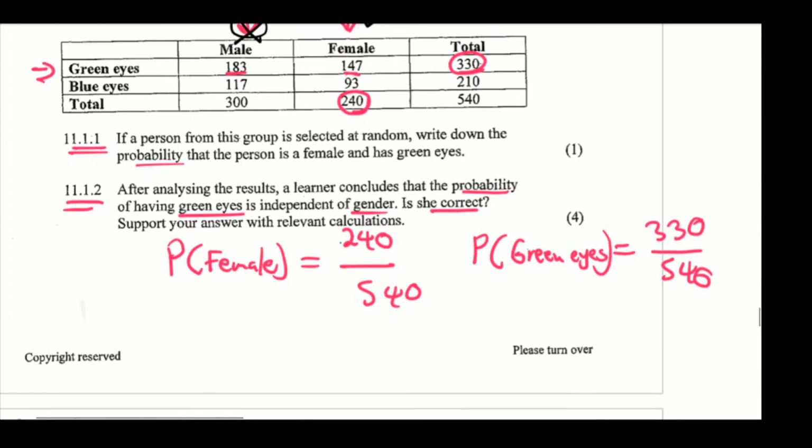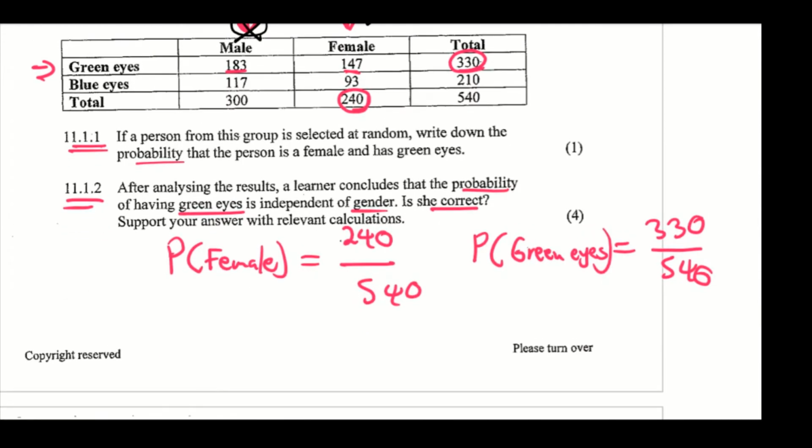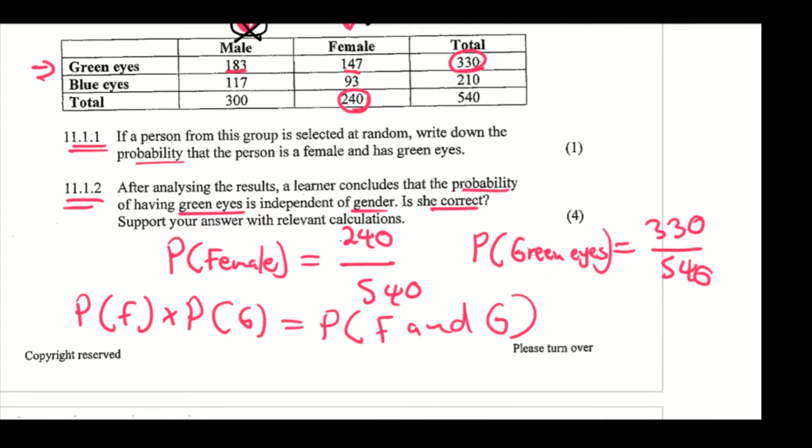Now what you need to note is we are asked to compare or analyze the independence of green eyes and females. So the equation for independent events is P of females multiplied by P of green eyes must be equal to the probability of females and green eyes, right?